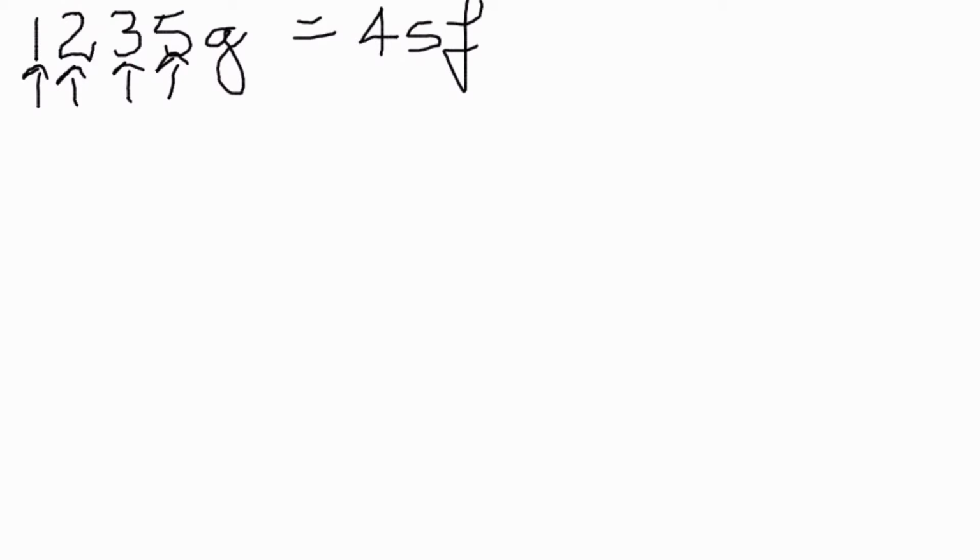The second rule tells us that zeros between non-zero digits are significant.